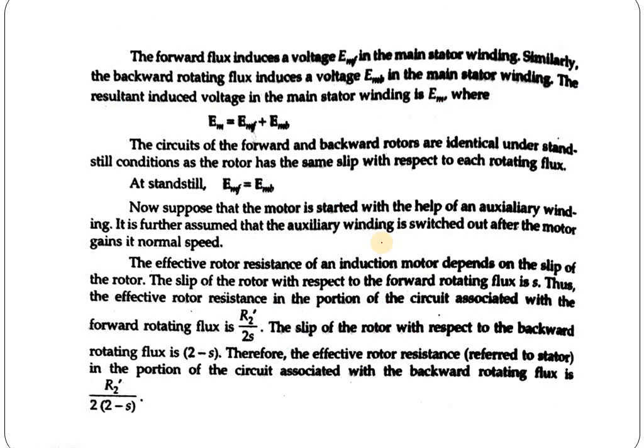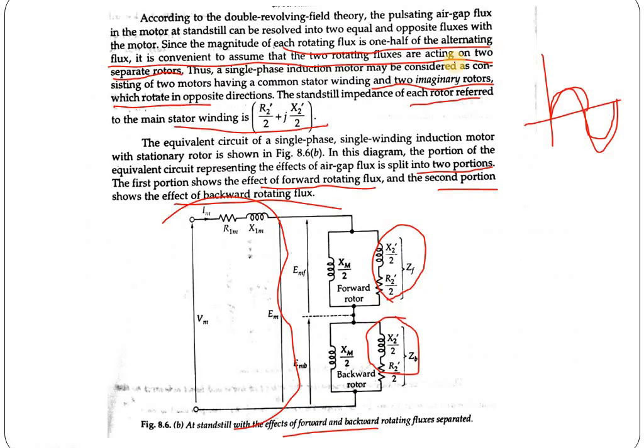The forward flux induces a voltage EMF in the main stator winding. Okay, that we have already shown you. This is the main field flux EMF, which is Em. This is the main EMF which is generated.